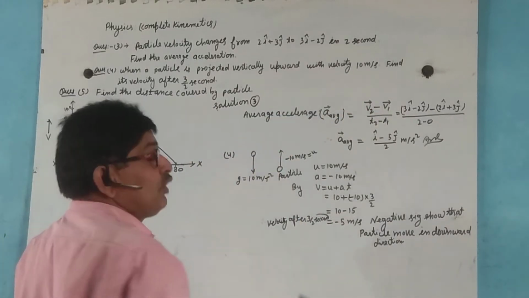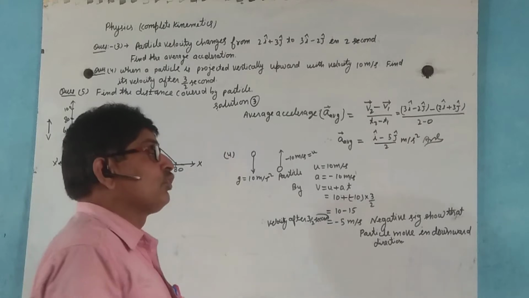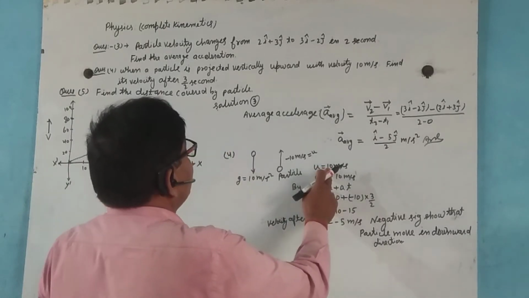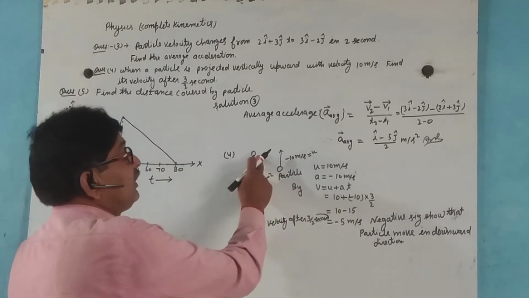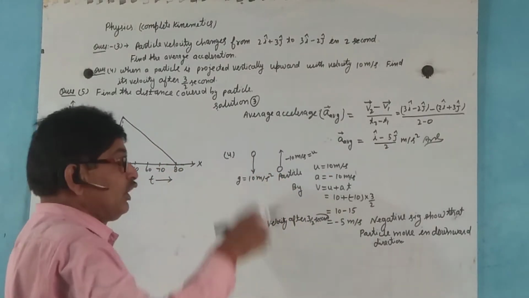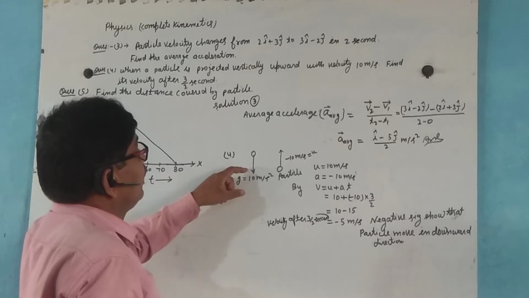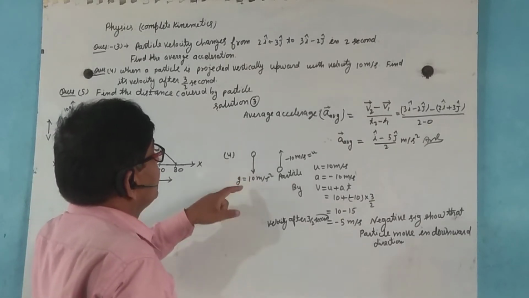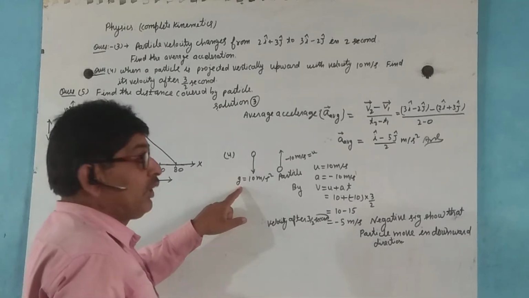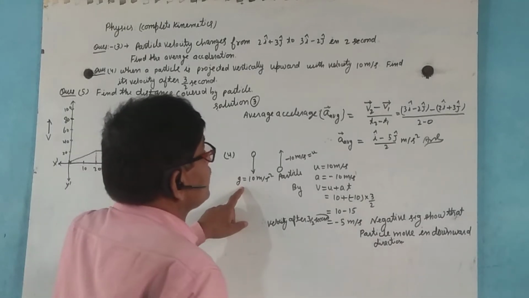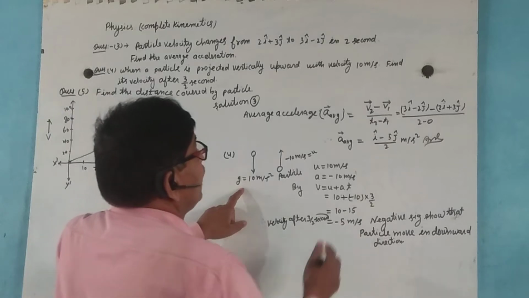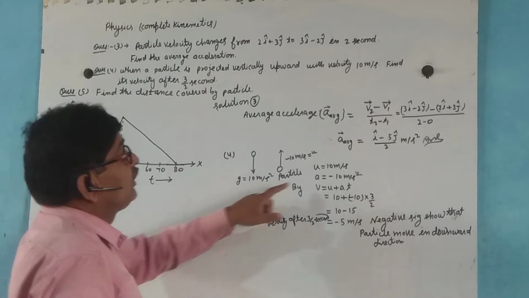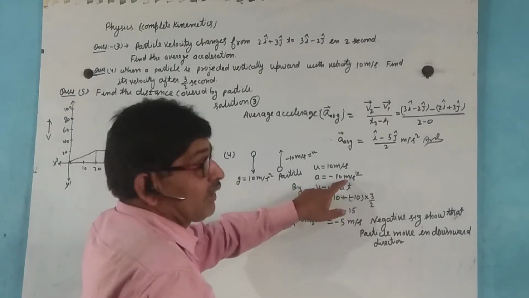It means u is 10 meter per second, and acceleration due to gravity we take downward, so in the upward direction it is minus 10 meter per second square. Since the particle is projected vertically, a is minus 10 meter per second square.